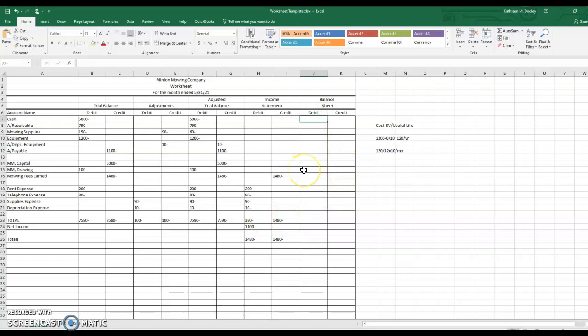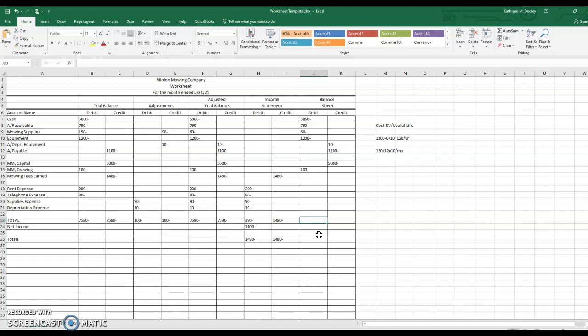Okay, now the balance sheet has everything else. So the assets, the liabilities, and the owner's equity accounts. Okay, and so again, we're just copying over, just making sure that you copy the correct number and it doesn't change from debit to credit, etc. Okay, so that gets us down to the drawing account goes in the balance sheet.